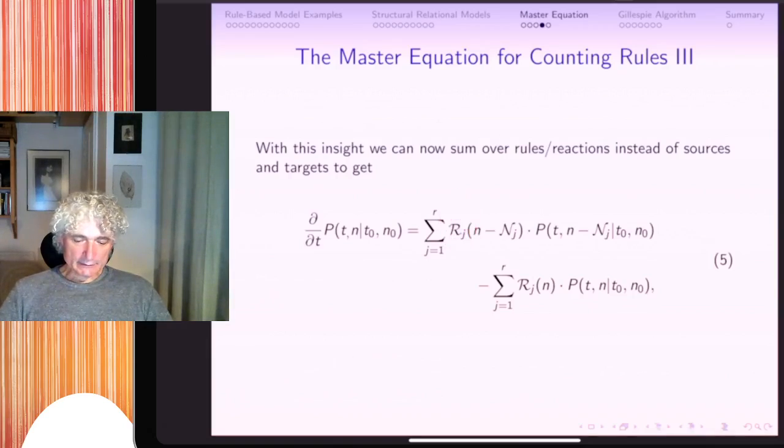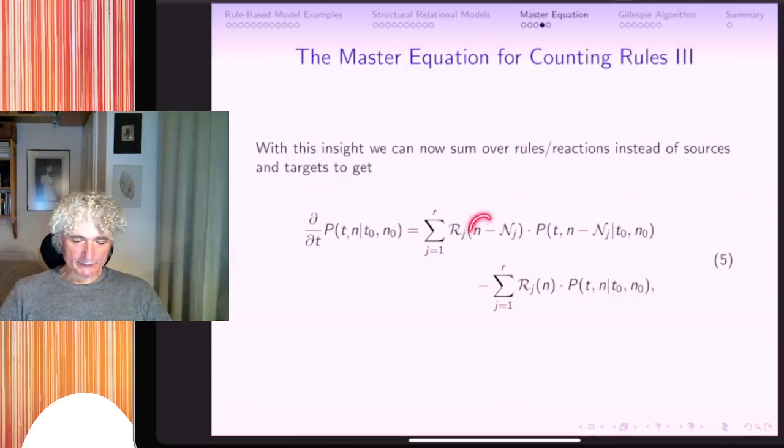And here the argument of the propensity will be a certain state, and this is exactly the state n minus nj. So you have been at state n, and now the jth rule is applied.